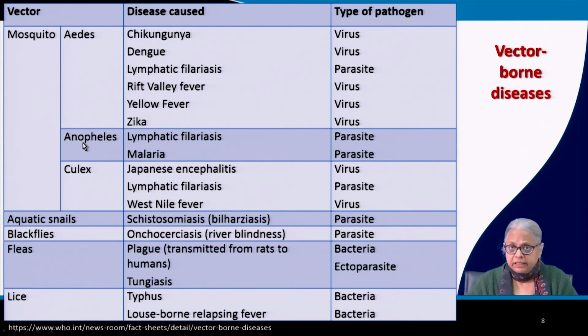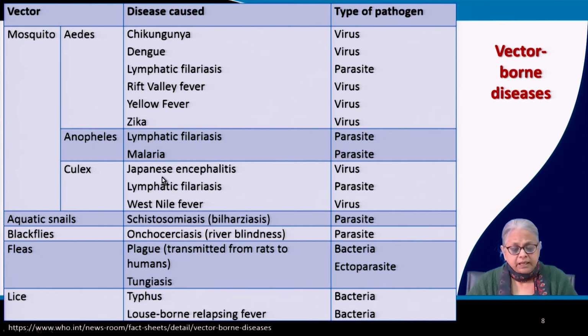Then you have Anopheles, the most common disease associated in India with mosquitoes is malaria, and the actual causative agent is Plasmodium, and there are several species, Plasmodium falciparum and Plasmodium vivax. All these are common malaria-causing agents that are carried by the mosquito and literally injected with a mosquito bite into a human being, causing this infection.